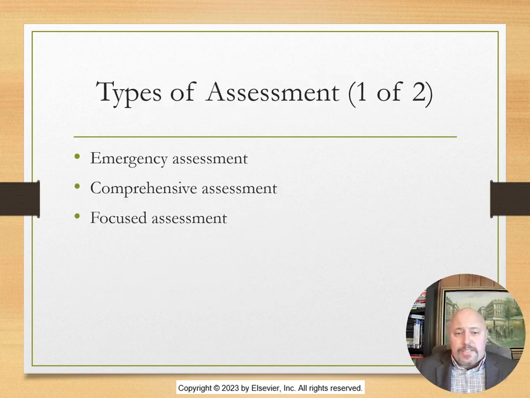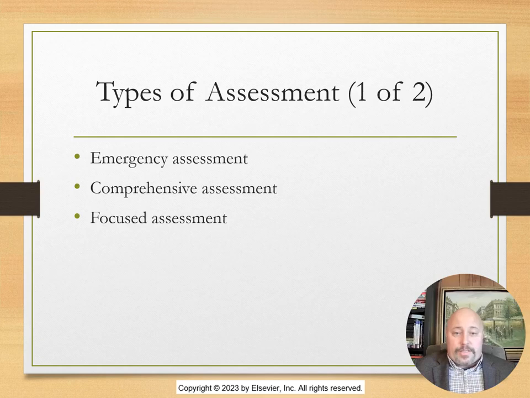Other types of assessment. A big one's going to be emergency assessment. This is, just as it sounds, done in an emergency or life-threatening situation. It involves a rapid history and exam of the patient. We're going to be prioritizing those ABCs, airway, breathing, circulation, to find out exactly what is causing this emergency situation. Others, such as the comprehensive assessment, include that detailed health history and physical exam of all body systems.